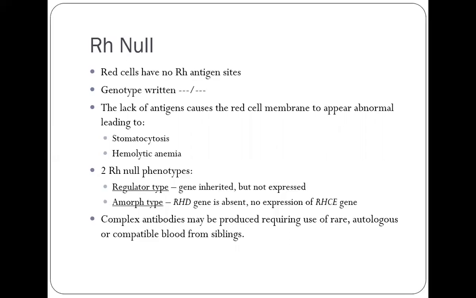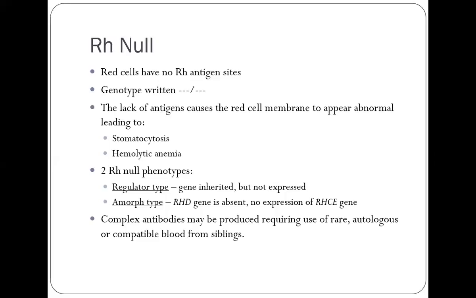And there are 2 Rh null phenotypes. The regulator type, where it's gene inherited. So you might have inherited the actual Rh gene, but it's not expressed. That's usually because of the regulator gene RAG that should have been inherited on chromosome 6 might not have been inherited, and its presence is essential for the expression of the Rh system.